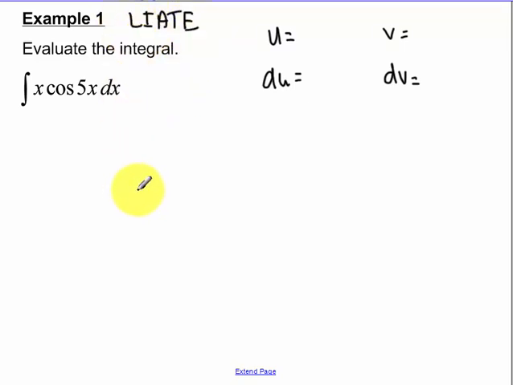Okay, there's no logarithm function. There's no inverse trig function. Next, algebraic or polynomial. So your u is going to be just that x. Everything else turns into your dv.